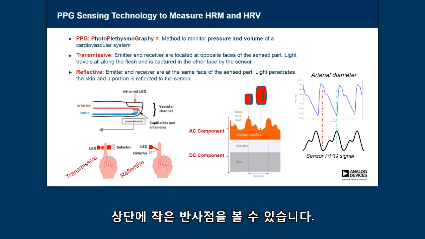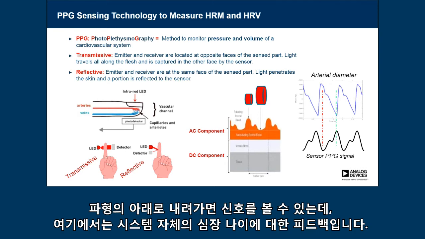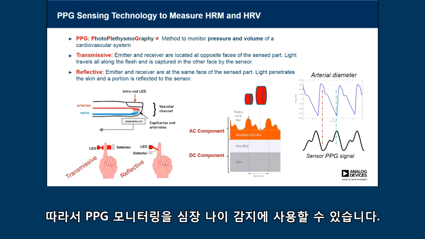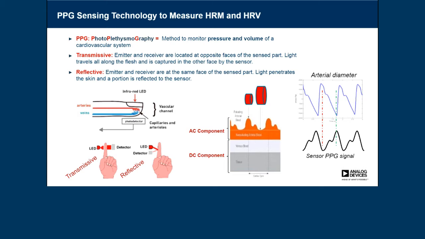So you have a top, and then you have a small reflective point, and when you go down to the bottom of the waveform, the signal also gives you some feedback about the cardiac age of the system itself. The stiffer your cardiac system gets, the less reflection you will monitor. So PPG monitoring can also be used for cardiac age detection.